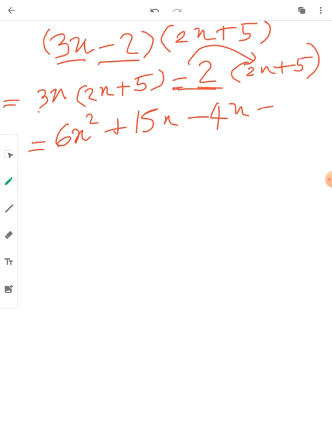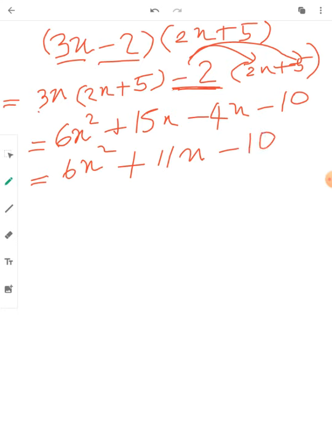Here minus 2 times plus 5 is minus 10. It is equal to 6x squared, 15x minus 4x is plus 11x minus 10. This is your answer.